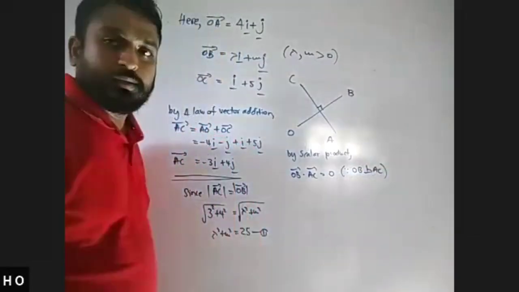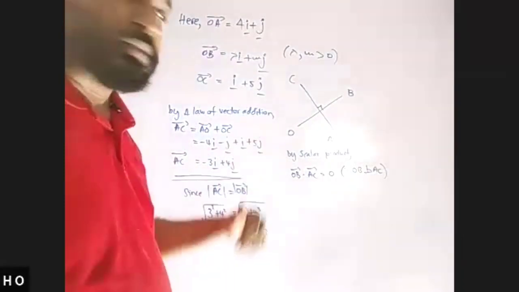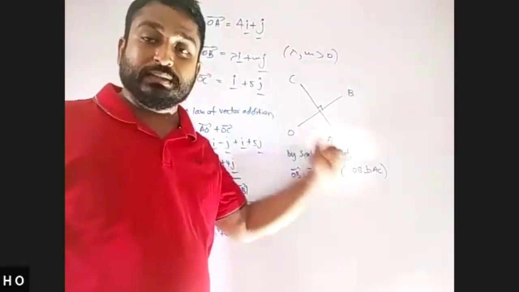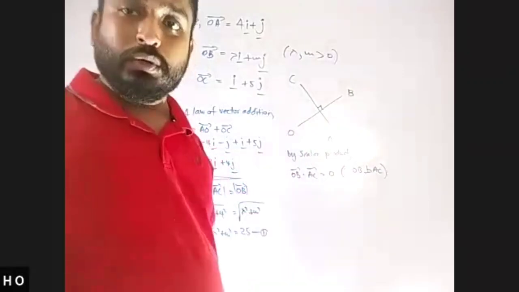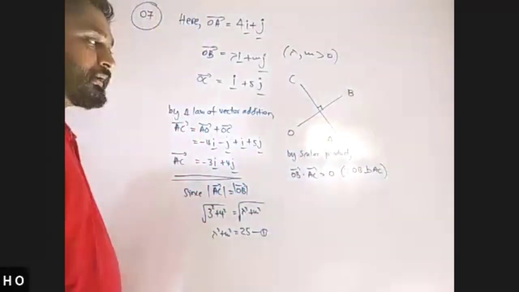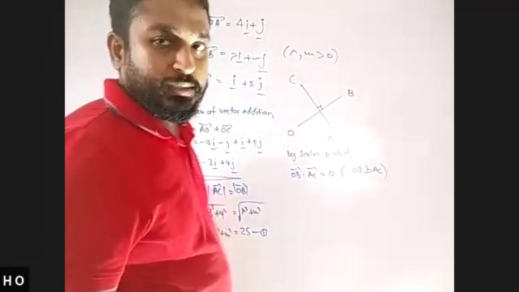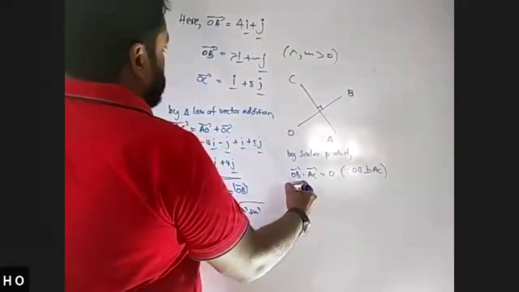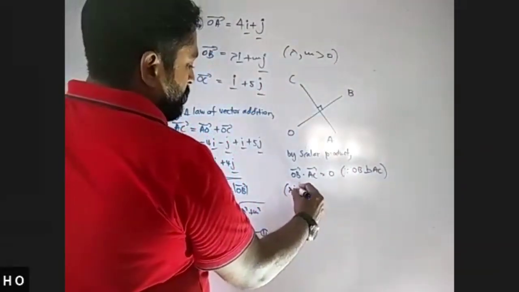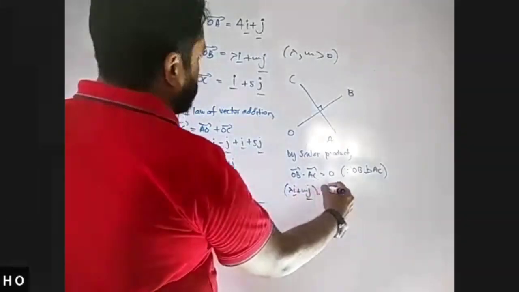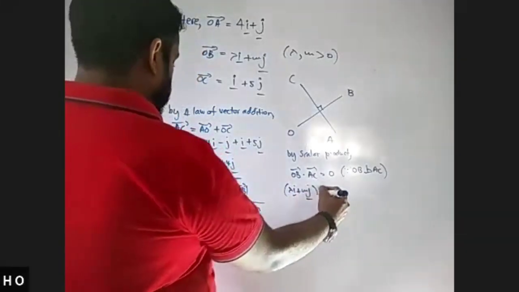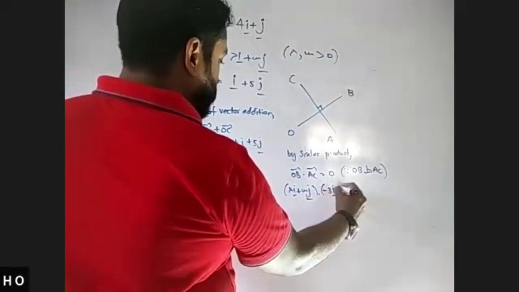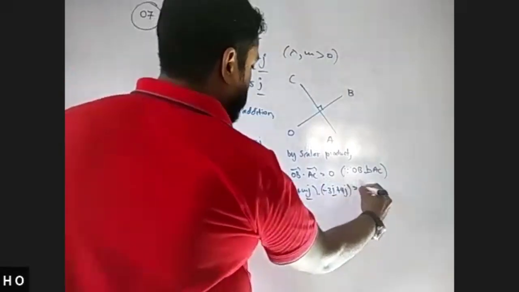That is why. The dot product is the product of the magnitudes into cos of the angle in between. Since it is 90, cos 90 is 0. So what about OB? Lambda i plus mu j dot AC, minus 3i plus 4j, is 0.